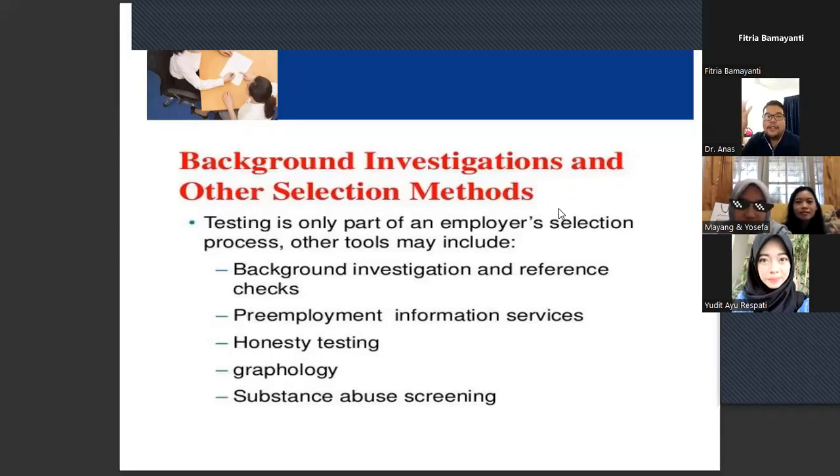So maybe dia call Miss Ayu to confirm whether Rafki is a student or not, whether the personality of Rafki is kind or not. Okay, clear? Faham ya? Maknanya akan ada berlakunya spot check. Okay. Seterusnya, okay. Next.